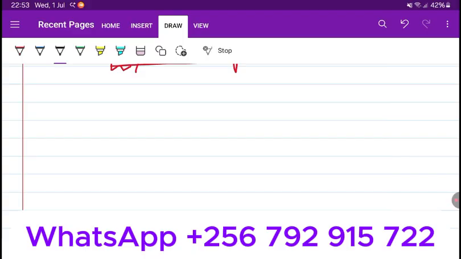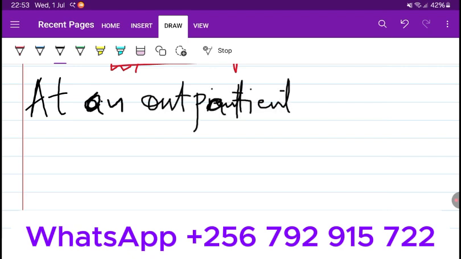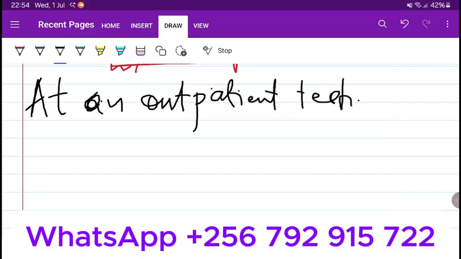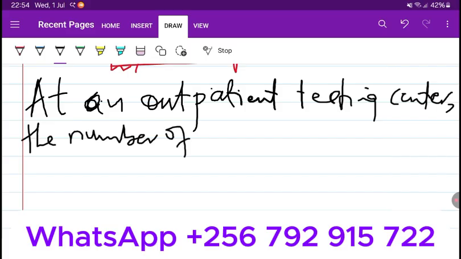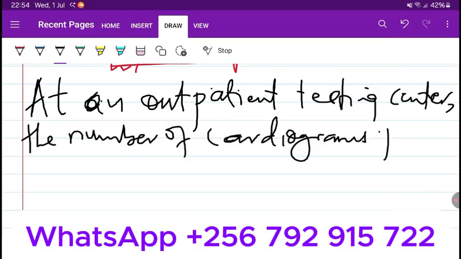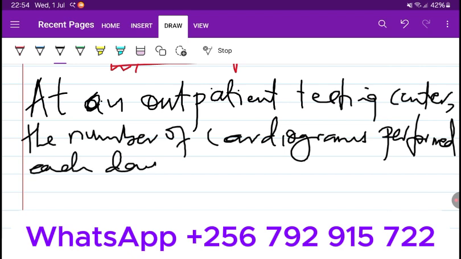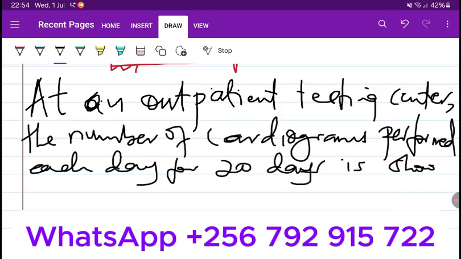So let's look at the example. At an outpatient testing center, the number of cardiograms performed each day for 20 days is shown.